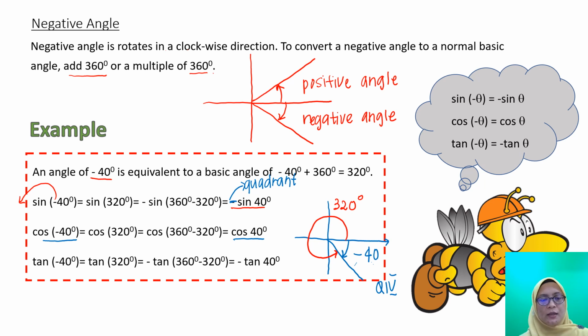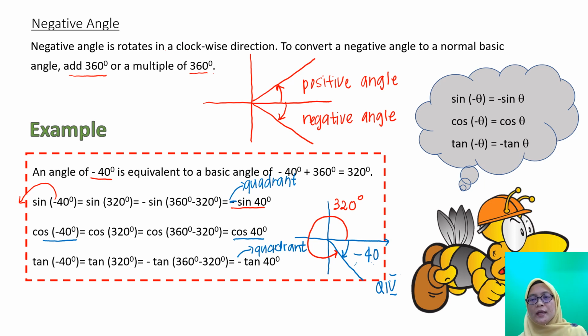So tangent negative 40 pun sama juga. Sebab negative 40 tu berada dalam fourth quadrant. So fourth quadrant only cos is positive. So this one is refer for quadrant. So then from situ kita ada come out dengan mungkin theorem lah.